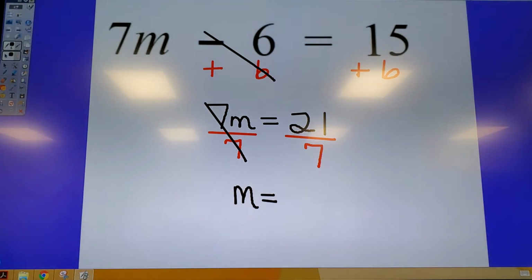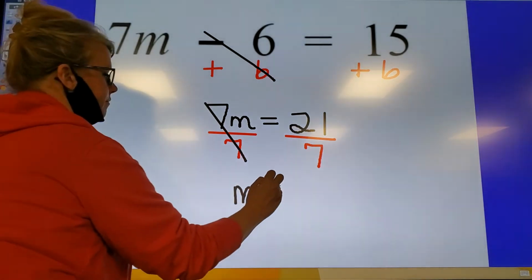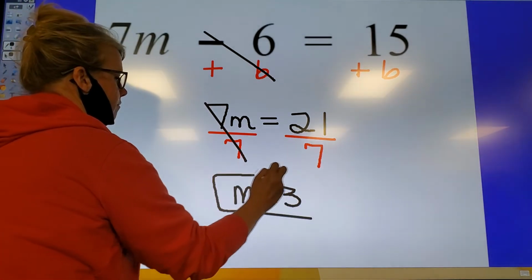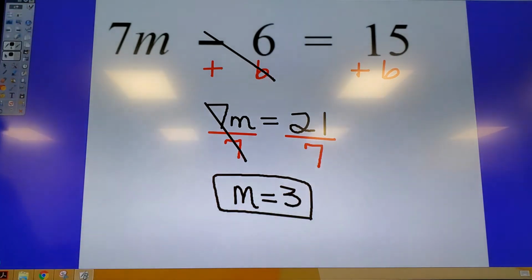All right, so first step should have been to add 6 to both sides, and 15 plus 6 is 21. Your second step should be to divide by 7, and 21 divided by 7 is 3. So once again, on the Google form, you would only enter 3.